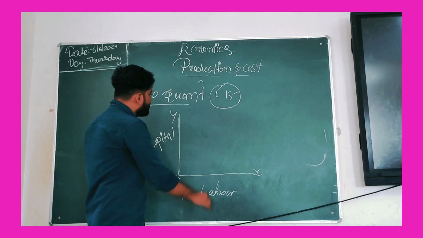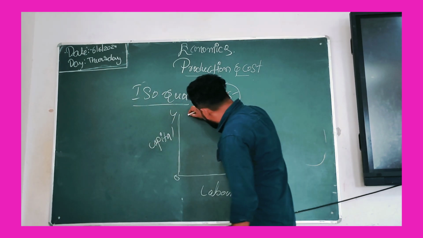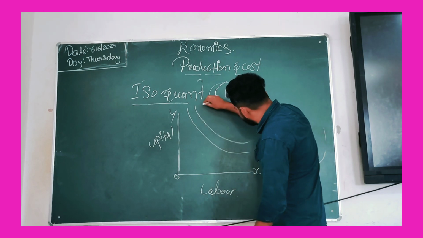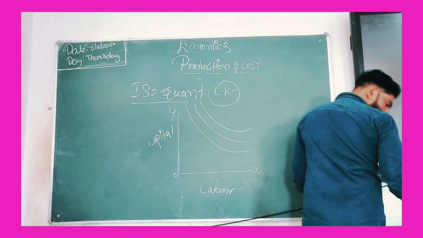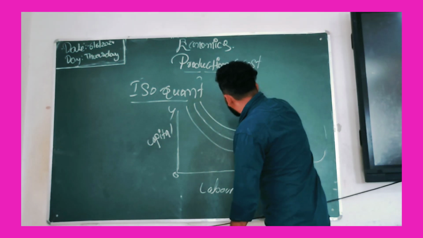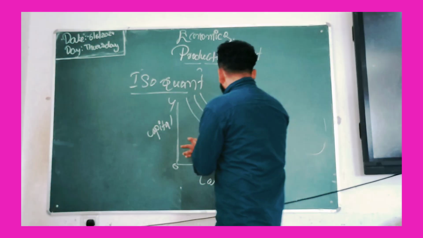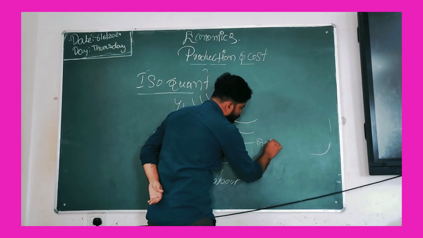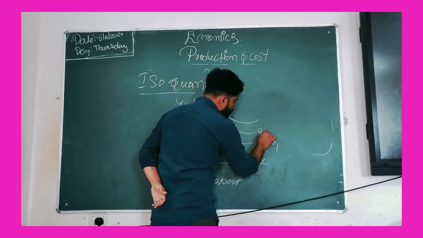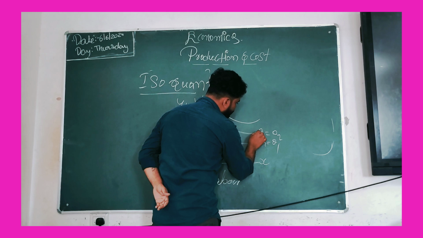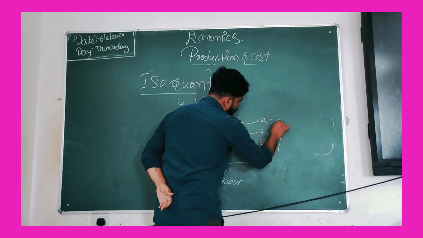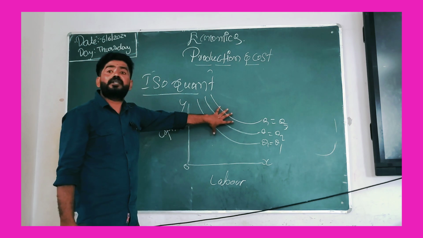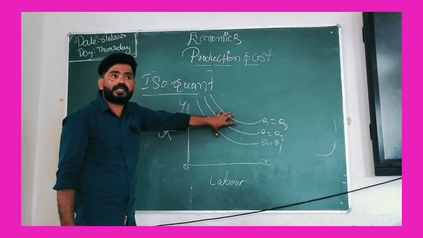Here I draw three isoquants. The first is Q equal to Q1, then Q equal to Q2, and Q equal to Q3. These are the different isoquants.